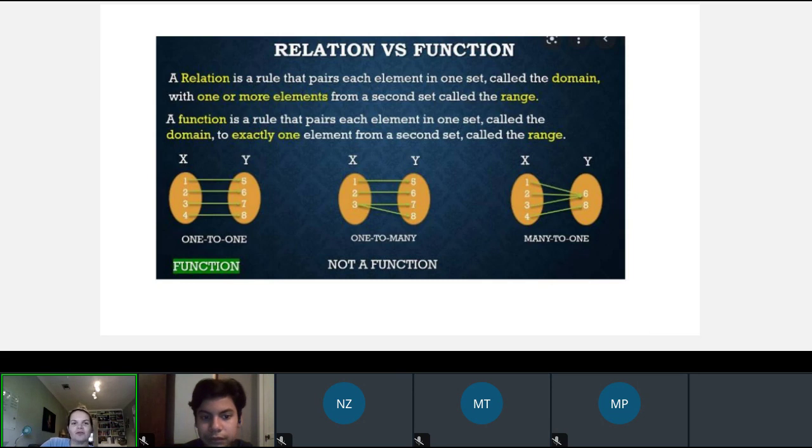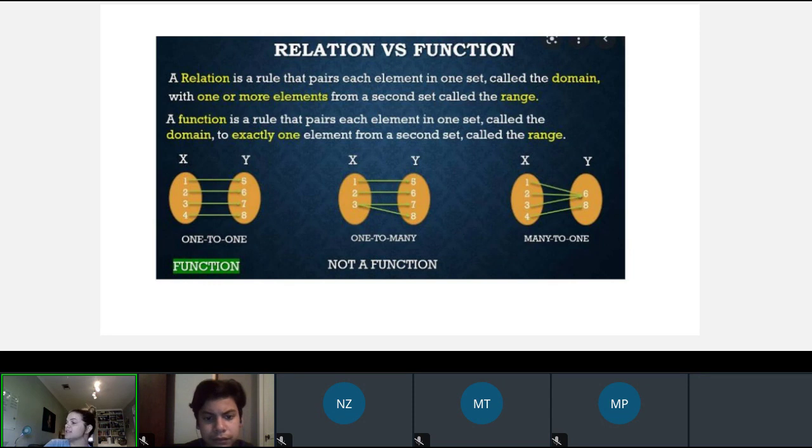All right, so let's go over some of the differences between a relation and a function. A relation is a rule that pairs each element in one set. So it pairs the x values, which is also called the domain, with one or more elements in the y's, which is the range.